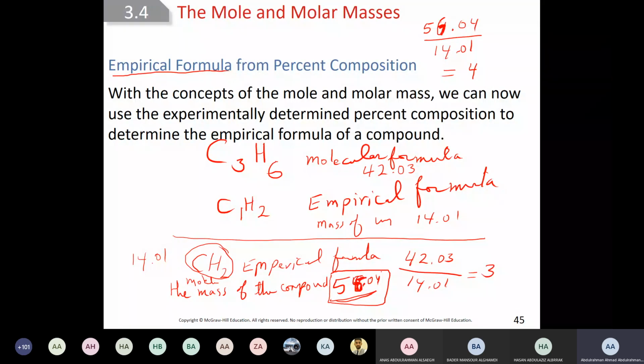So the relation is I divide the mass that I gave you by the empirical formula mass, and I got 4. Then what's the molecular formula? It will be C4H8. Is this clear? Good. Next.